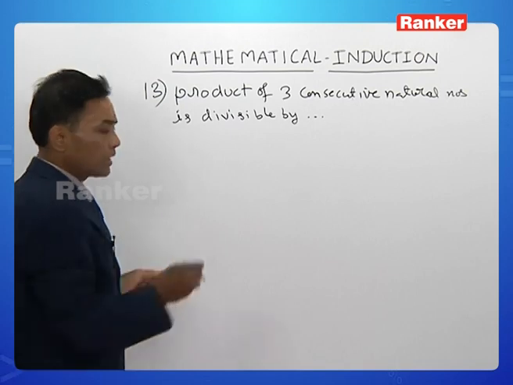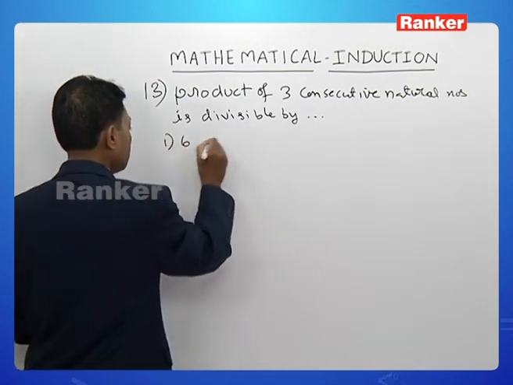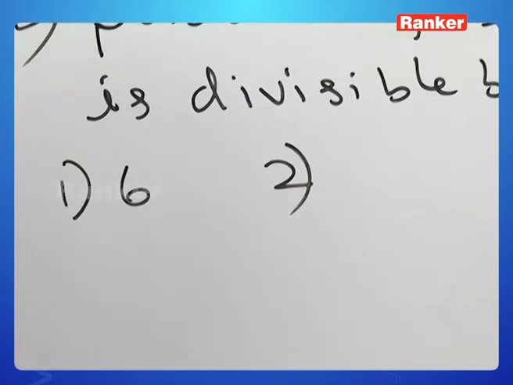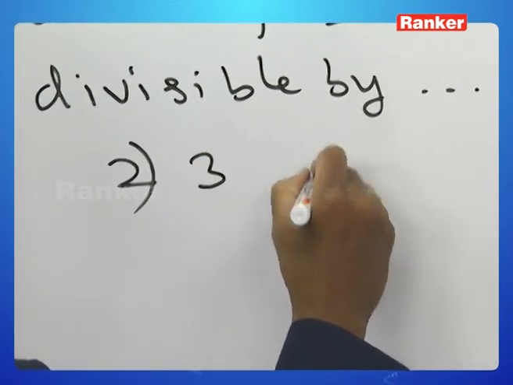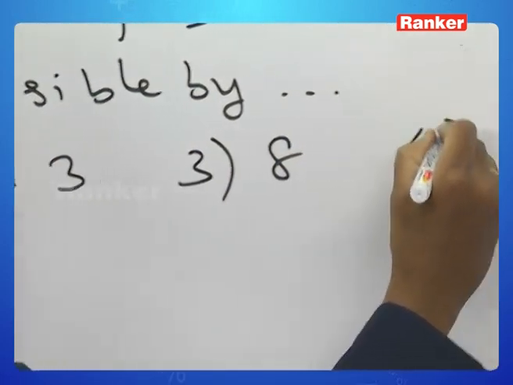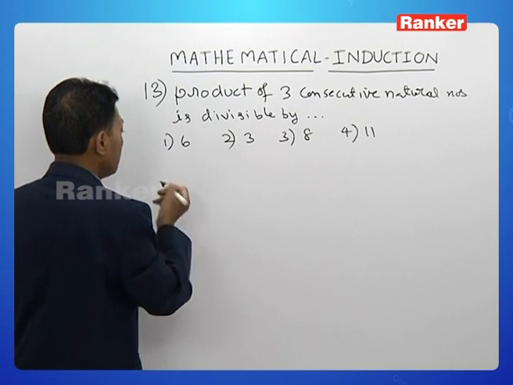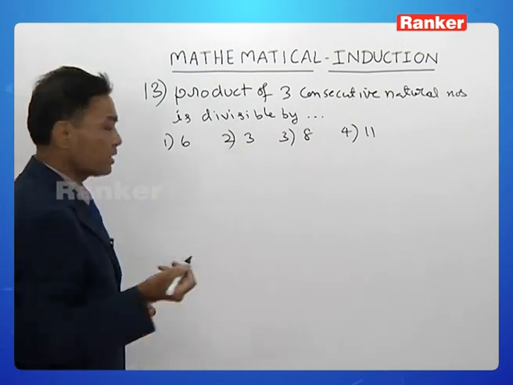So, let us take first option 6 given, and second is given 3, third is given 8, fourth is given 11. Let us see what is the meaning of consecutive natural numbers.